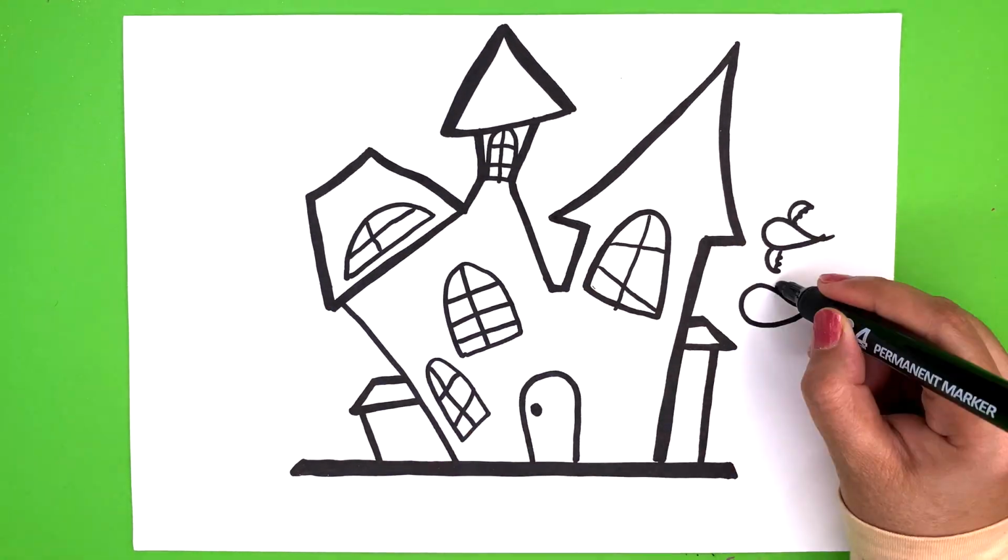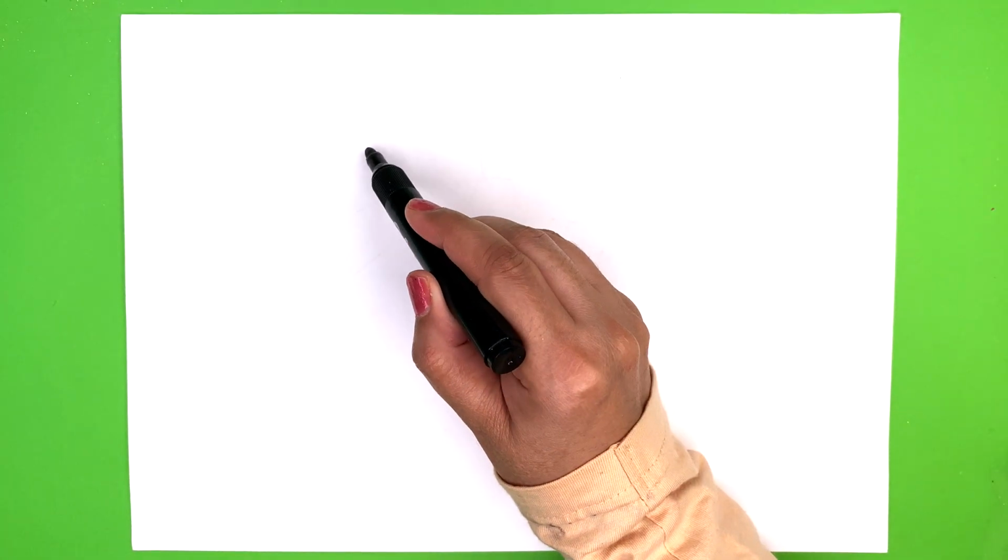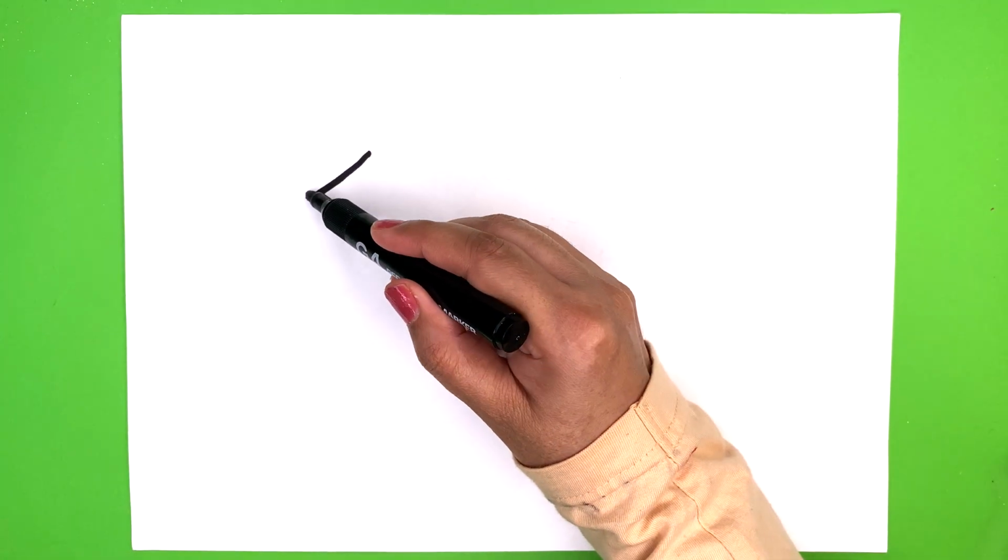It's Halloween time. And today, we're drawing something super spooky, a haunted house. Let's start with some simple shapes, but wait, not too straight.